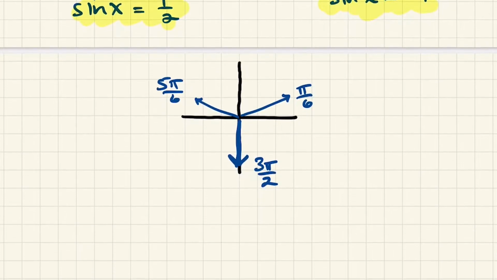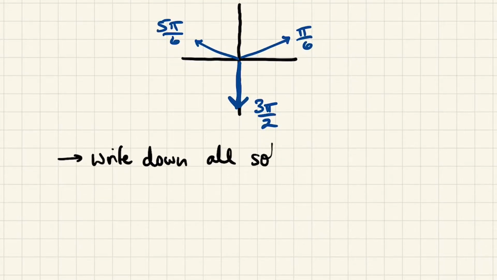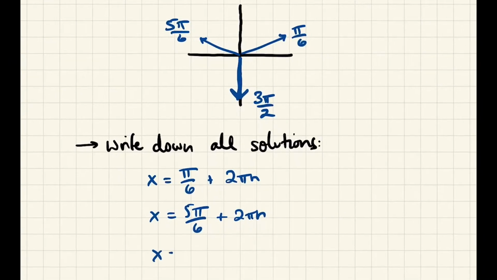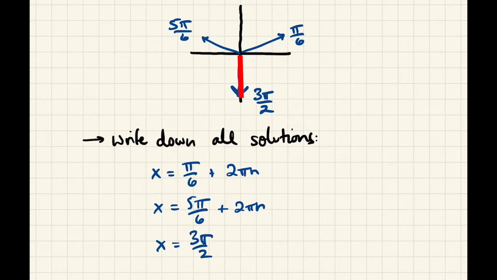So now we'll just write down all the solutions. And that would be, we could say, of course, x is equal to pi over 6 plus everything coterminal to it. X equals 5 pi over 6 plus everything coterminal to it. Or x equals 3 pi over 2 plus everything coterminal to it.